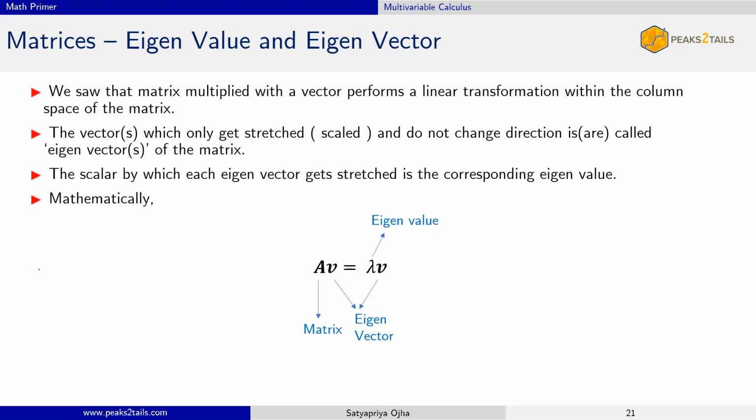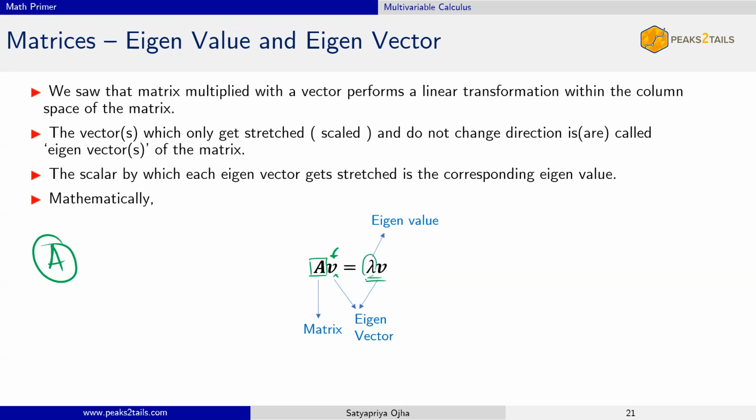Now we want to know that given a matrix A, what is the vector that only gets scaled? If you multiply this matrix to a vector, it scales that vector.